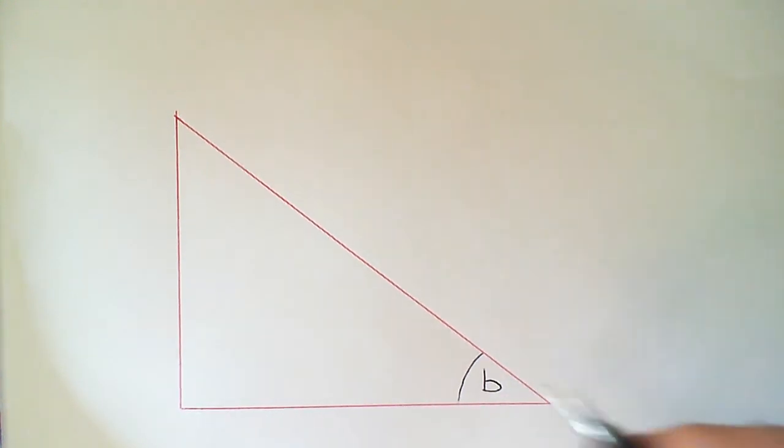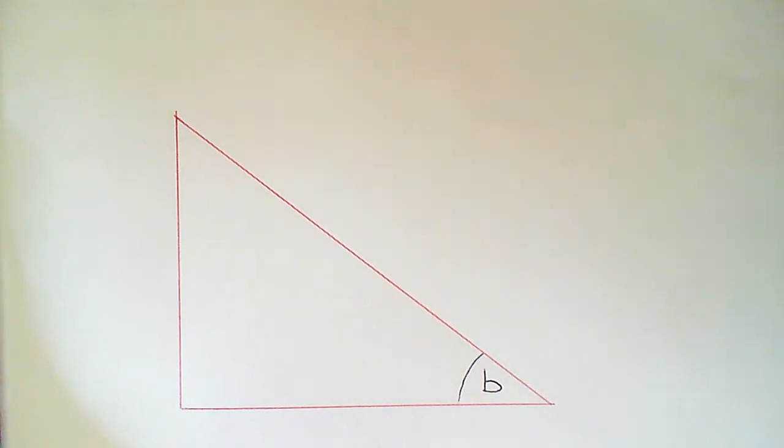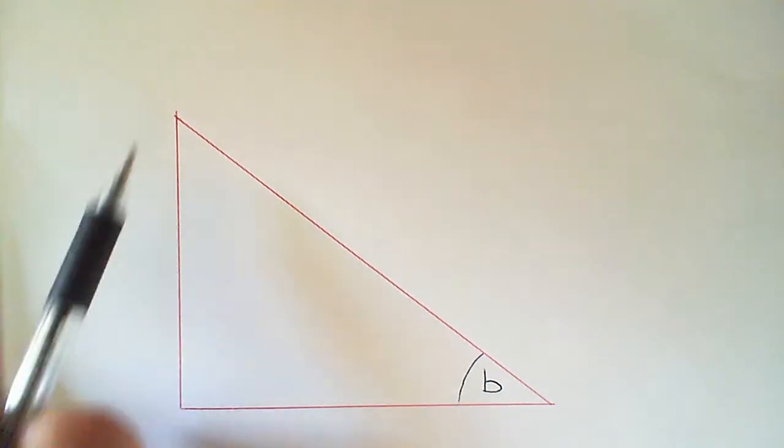Note firstly that I have not put a capital. It is a small b. If I call that B, what is this line here?